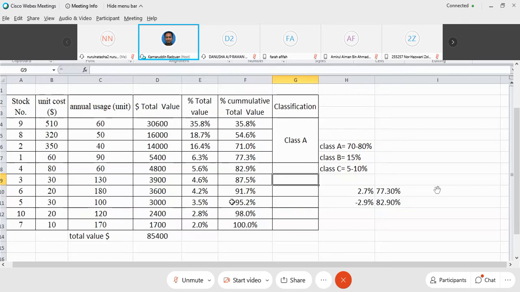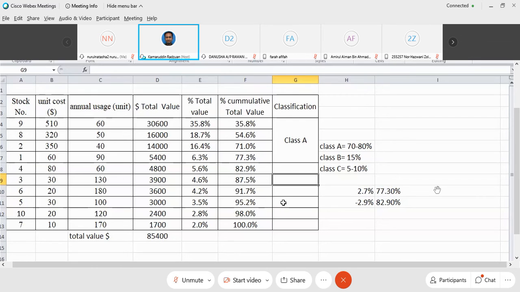In this case, part number 5 has the closest percentage cumulative total value to the class B item.